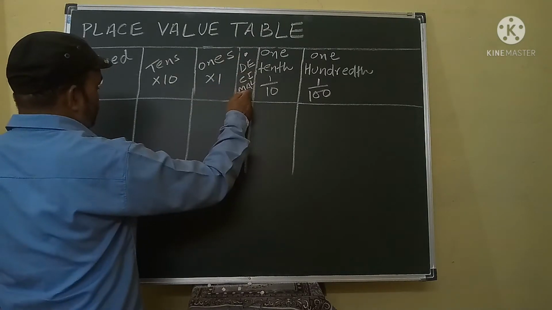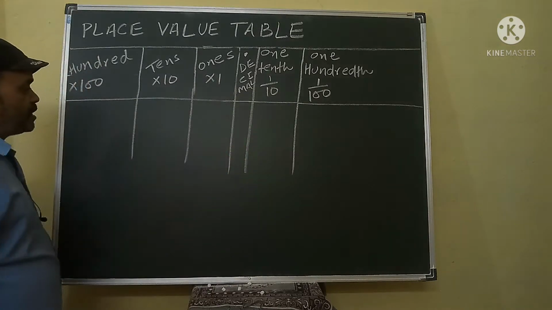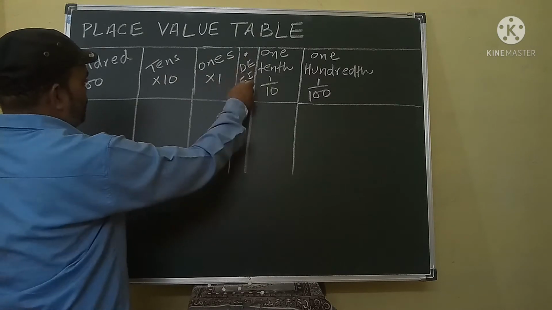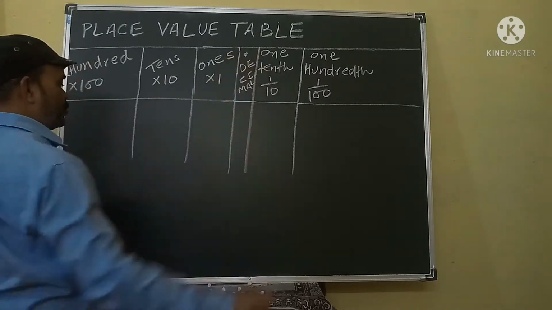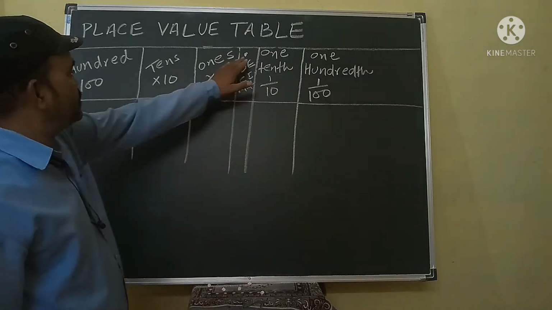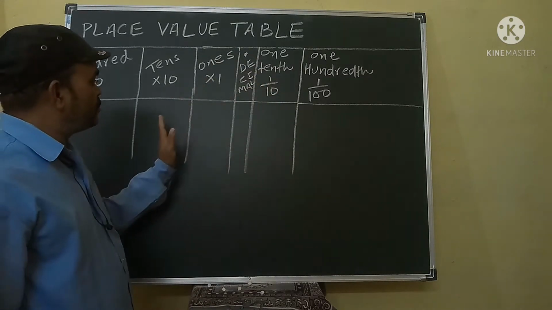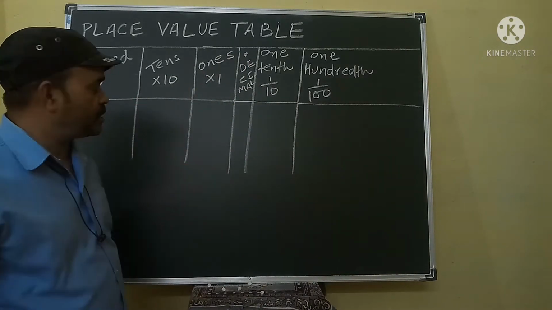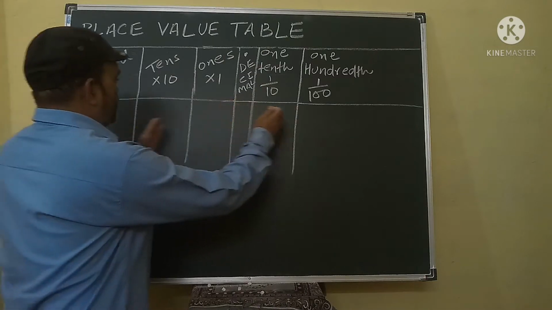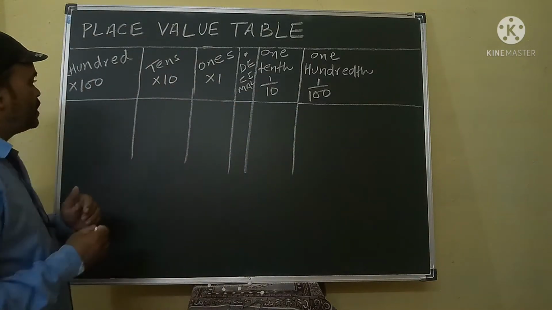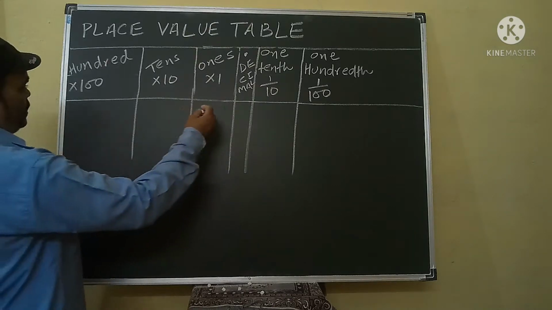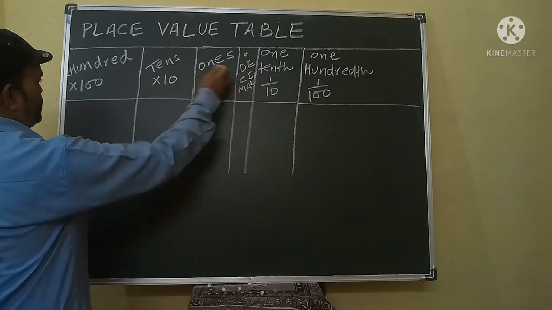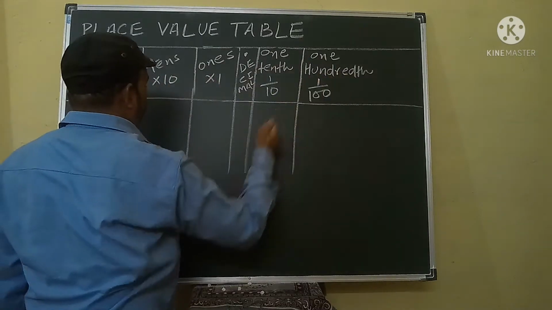As you are looking in this screen, this is the decimal point. This decimal point divides this blackboard into two parts. This is the left part and this is right part.